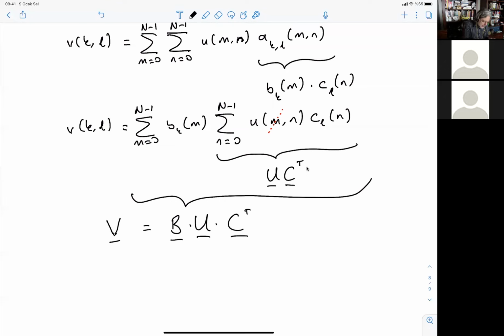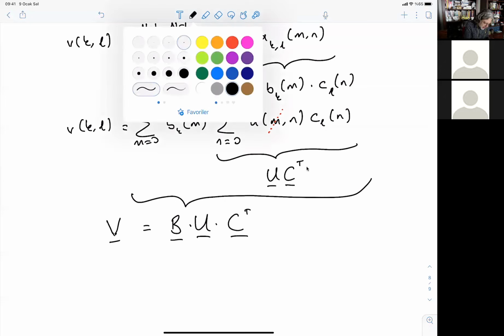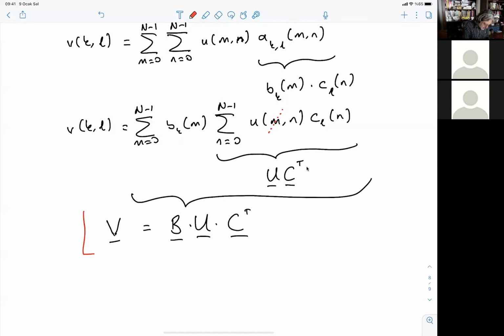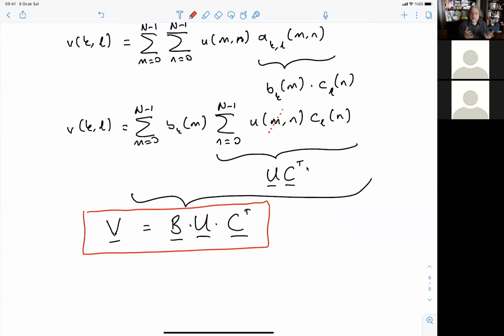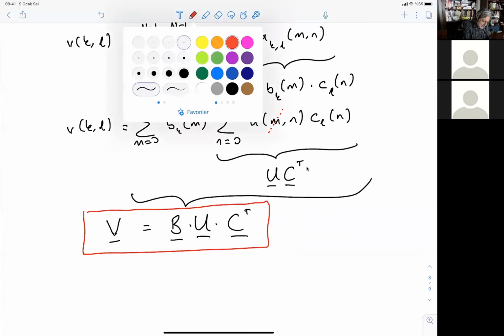We can apply the two-dimensional transform like this. C transpose is transforming the rows, and B is transforming the columns. And of course, usually B and C are the same. We don't expect to use different transformations for the rows and another different transformation for the columns. We usually apply the same transformation.